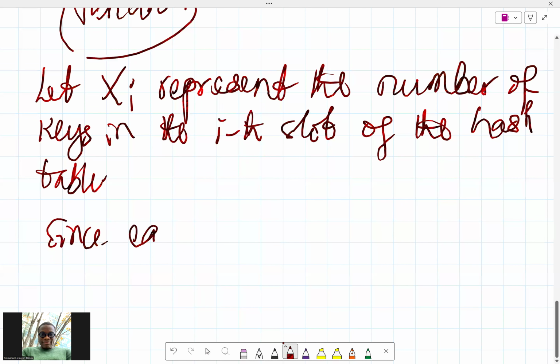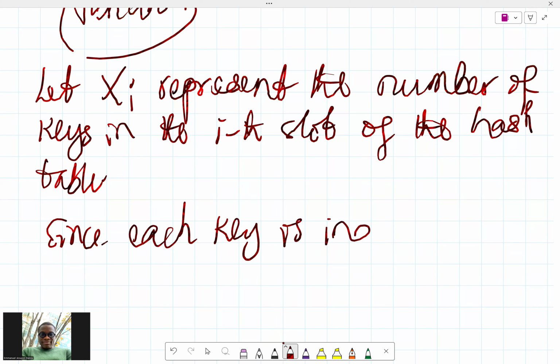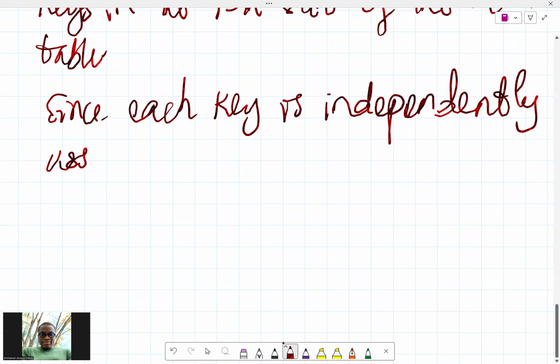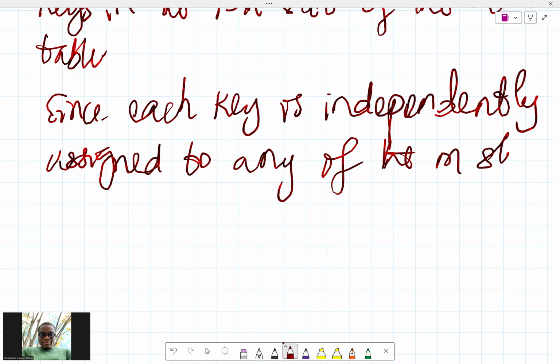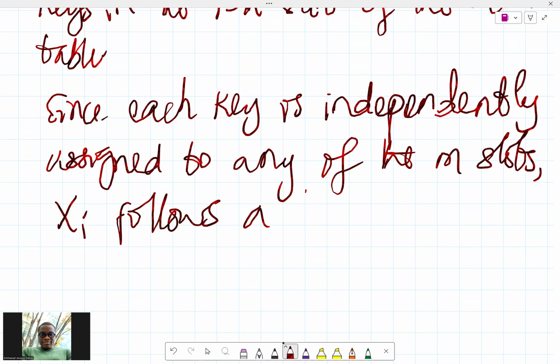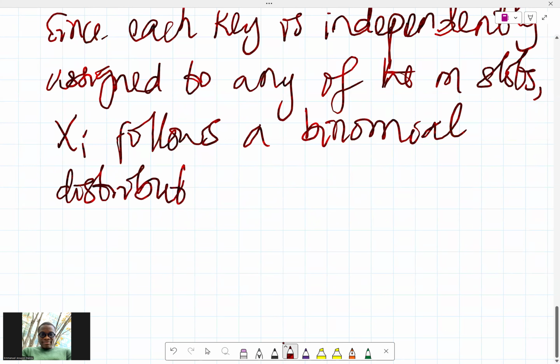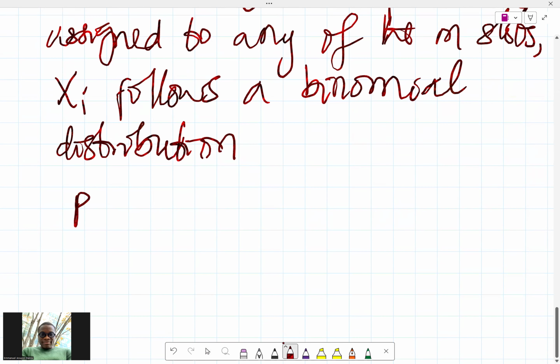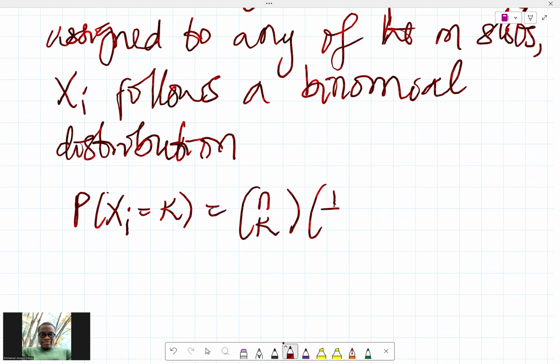Since each key is independently assigned to any of the M slots, xi follows a binomial distribution, so the probability that xi equals k is N choose k, times 1 over M raised to power k, times 1 minus 1 over M raised to power N minus k.